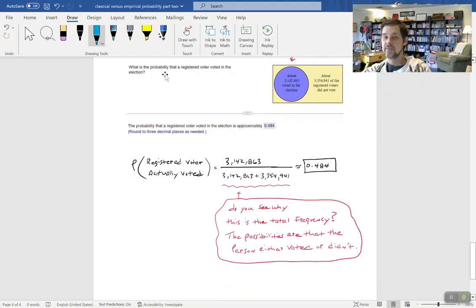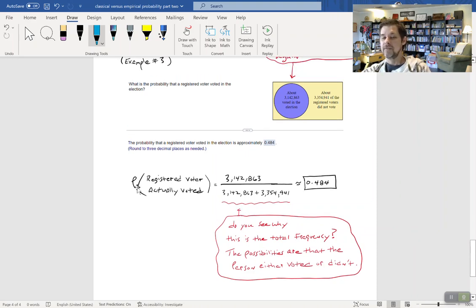The question is, what's the probability that a registered voter voted in the election? So I'd have to put something together like, well, how many registered voters were observed to vote versus, on the bottom, the total frequency of all the possibilities that could have happened, okay? So I'd say, all right, you want the probability that a registered voter actually voted?